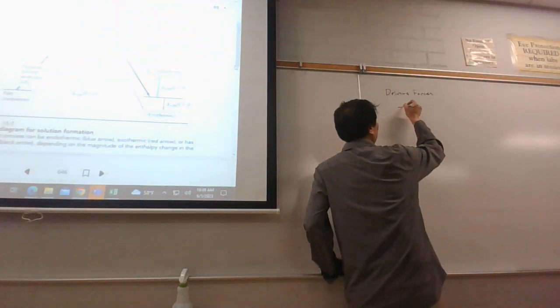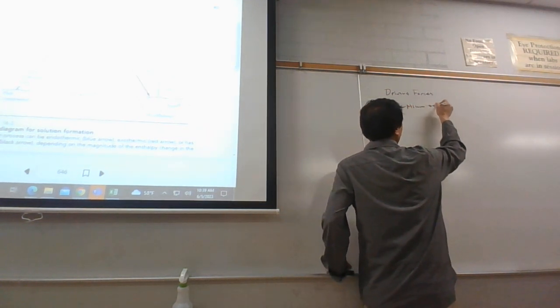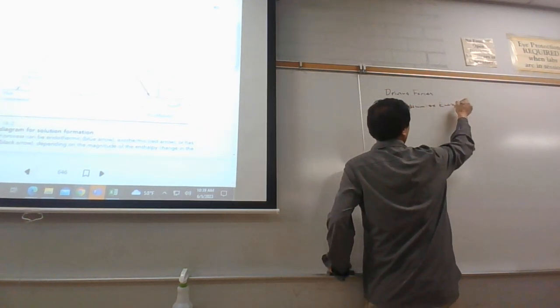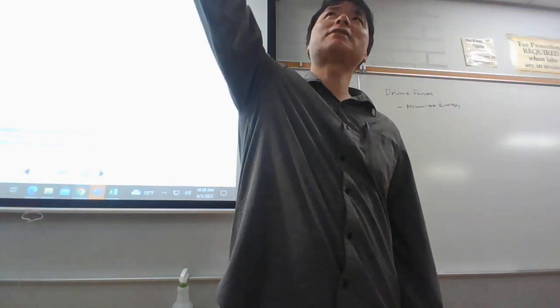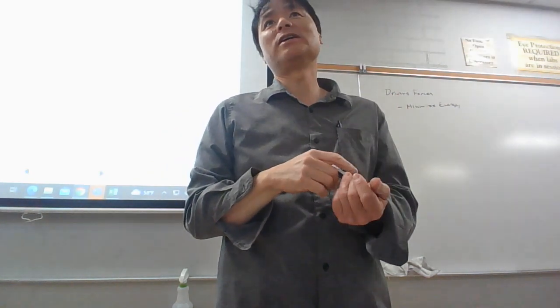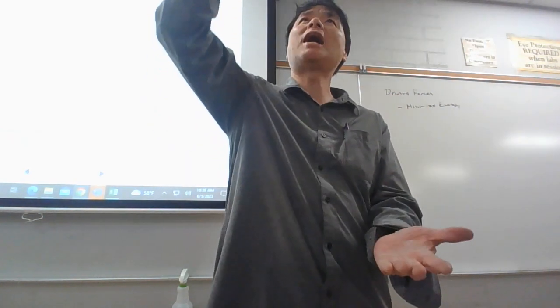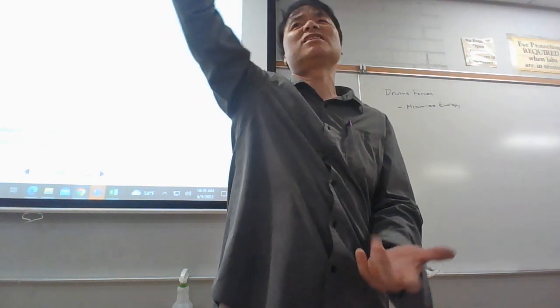One, we want to minimize energy. So when we think about gravitational potential energy, we want to minimize that. And so this is at high gravitational potential energy, and the driving force is it's going to go to low gravitational potential energy. Would it go from high gravitational potential energy to even higher gravitational potential energy? No, because nature wants to minimize that.